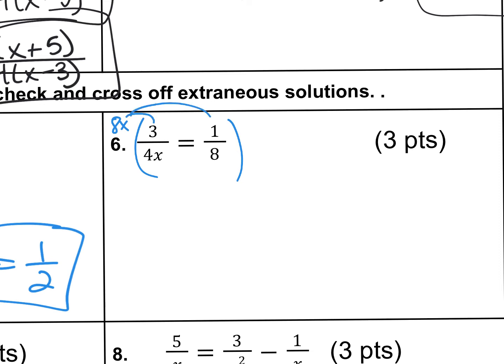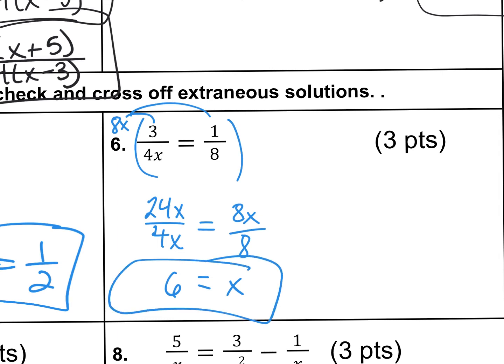So 8x times 3, 24x over 4x equals 8x over 8. Cool. On the left, 24x over 4x. What's that going to do? It's going to become 6. And on the right, just 1x, right?